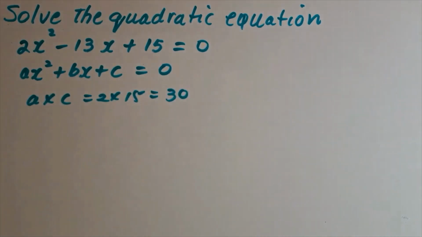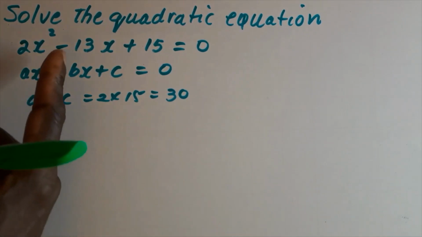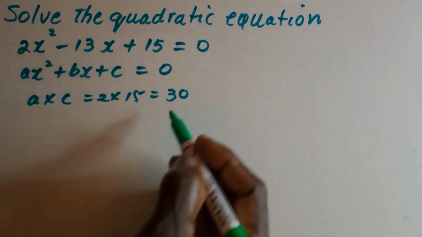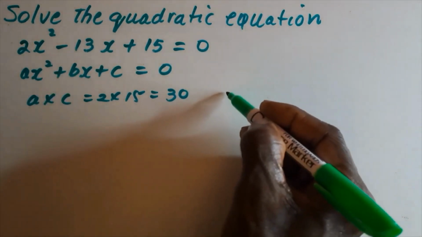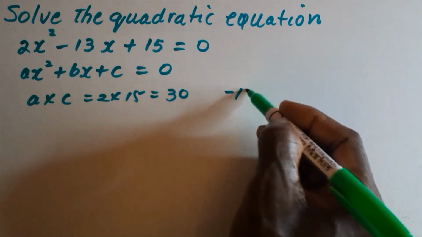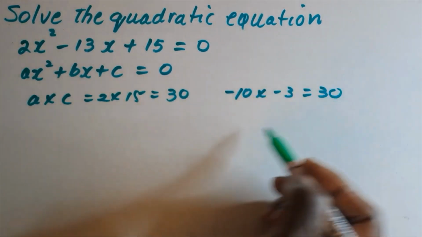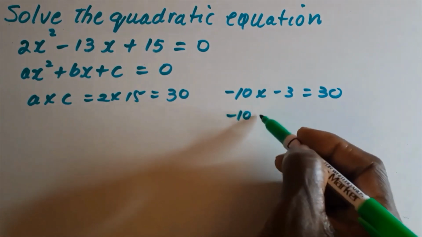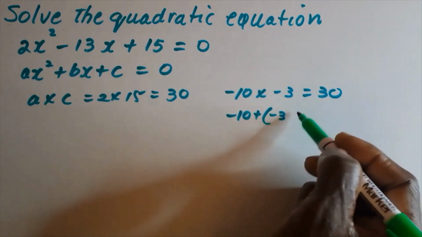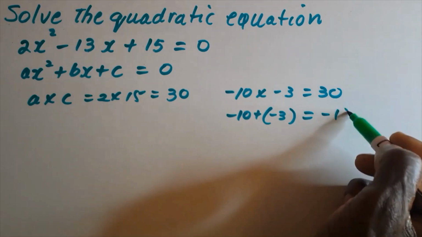And we need two factors that, when multiplied, will give us 30, but when added will give us negative 13, the coefficient of x. And we have negative 10 times negative 3 will give us positive 30, and negative 10 added to negative 3 gives us negative 13.